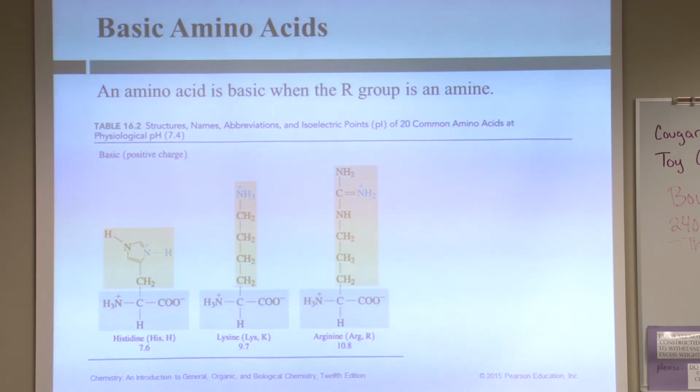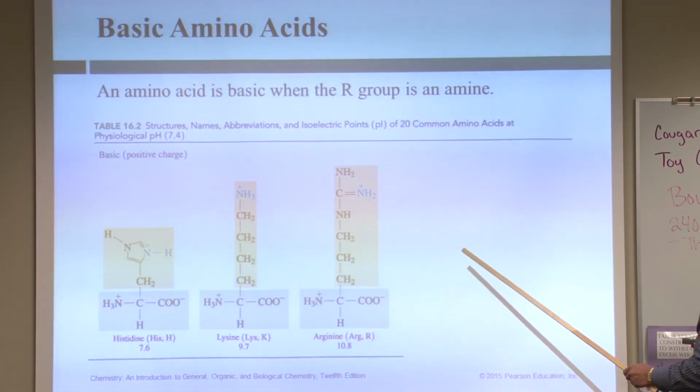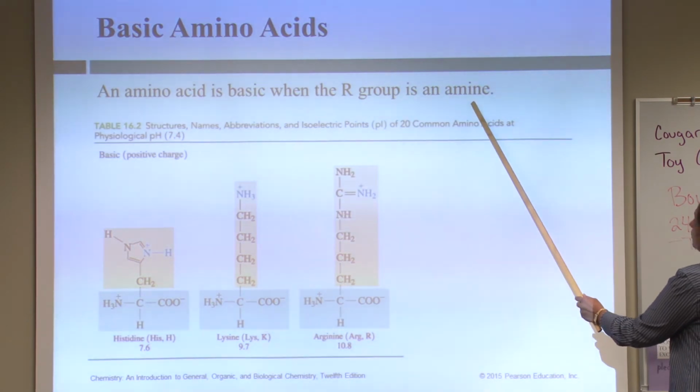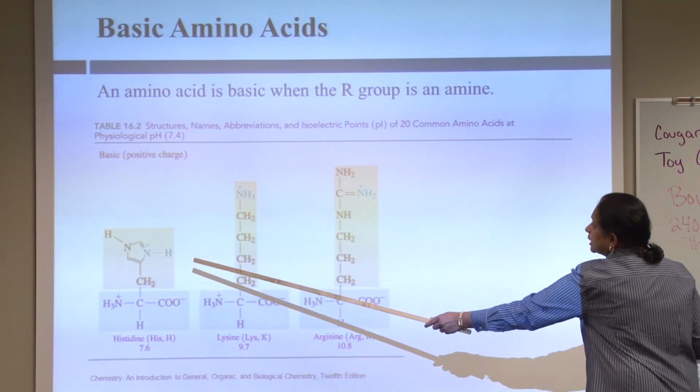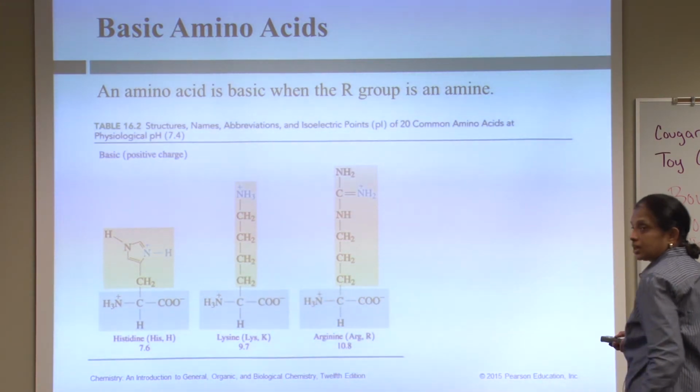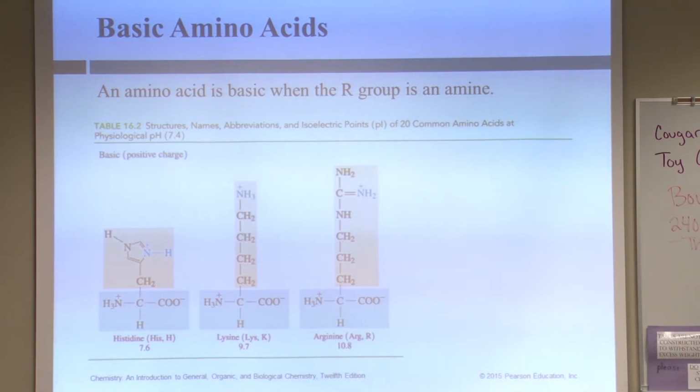Now, amino acids are basic. Again, a basic solution has a pH above 7. Going to 14, that is the pH scale, about 7 to 14. So you are saying if you have an amine, ammonium, nitrogen and hydrogen, that bond is the nitrogen-hydrogen bond.